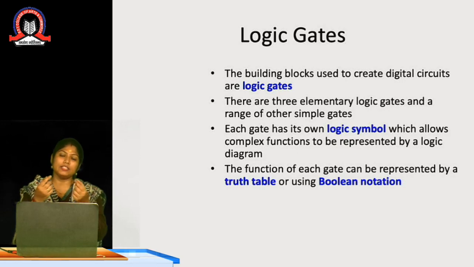Now coming to logic gate. Basically it is a digital IC. When I talk about logic gate, it is used to create digital circuits. Basic digital circuits are created using some IC, that is an integrated circuit, and we have to verify that using a truth table. So a truth table is nothing but the verification condition.